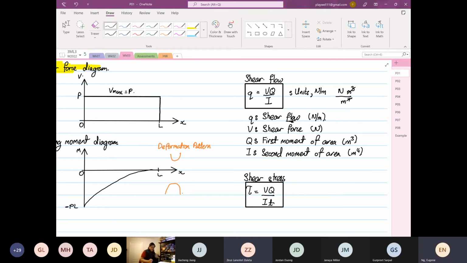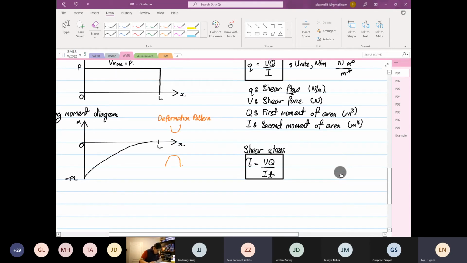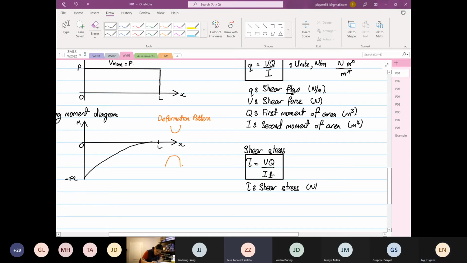The V is the shear force, the Q is the first moment of area, the I is the second moment of area. So tau is our shear stress, and T is our thickness, or cross-section thickness of the beam.